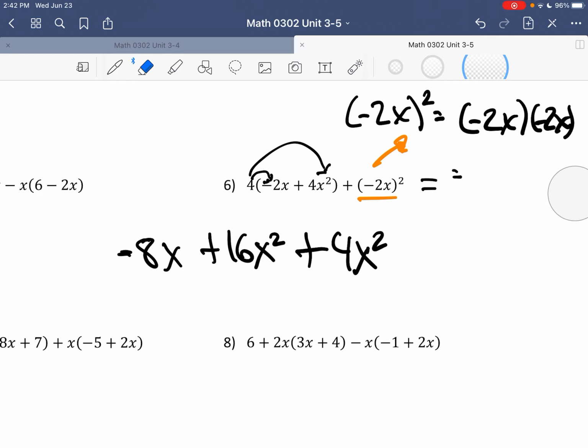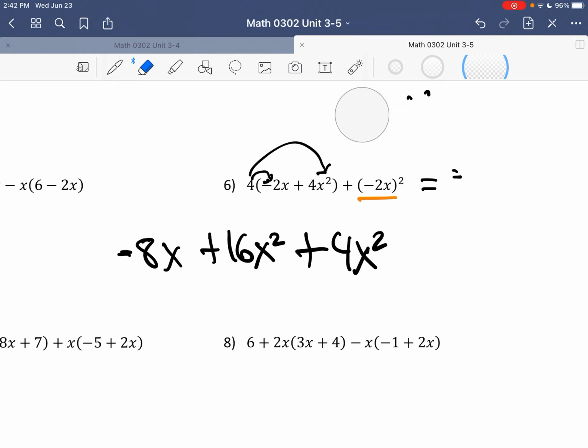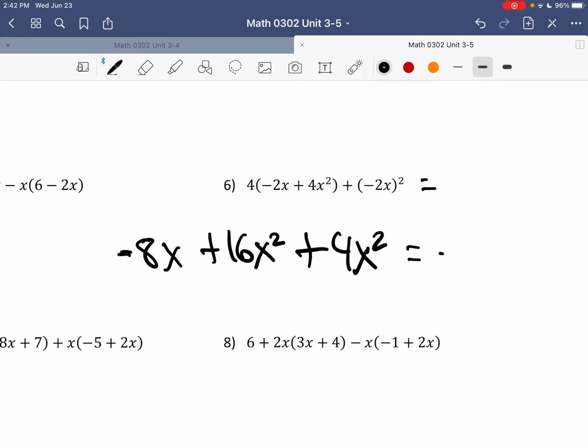Okay, so I'll go ahead and erase this for now. And the last thing that we'll do is combine the like terms. So the minus 8x is not going to combine with anything. So minus 8x. And then the 16x squared will combine with the 4x squared.